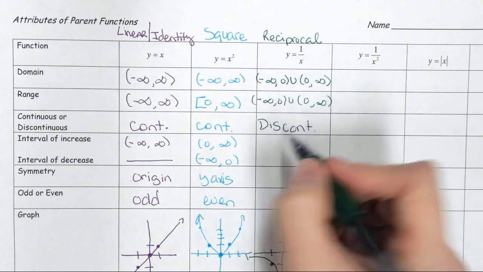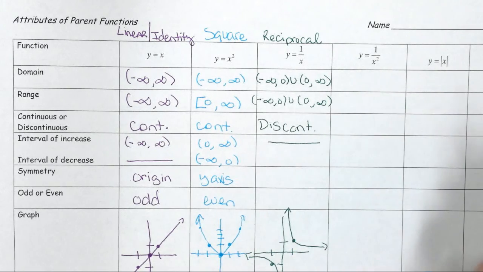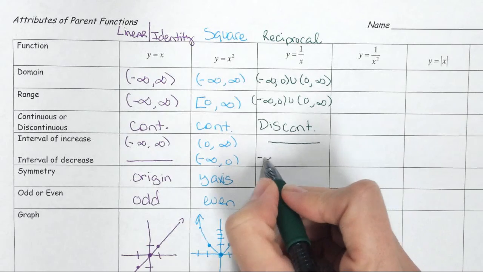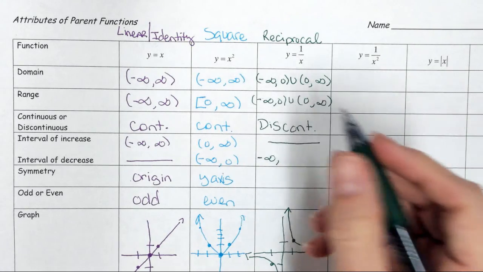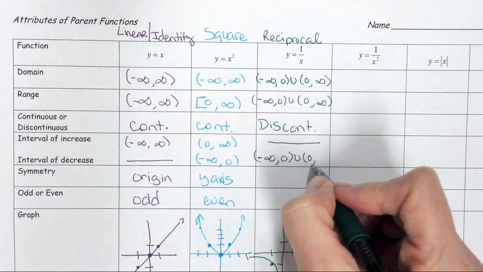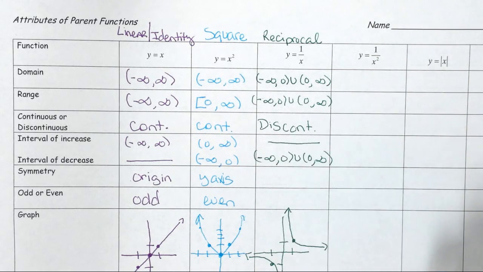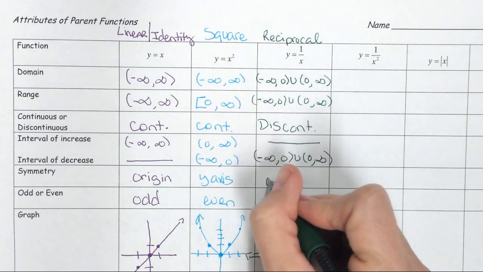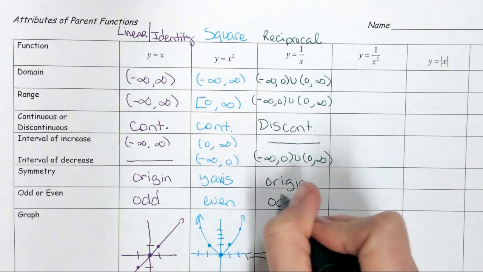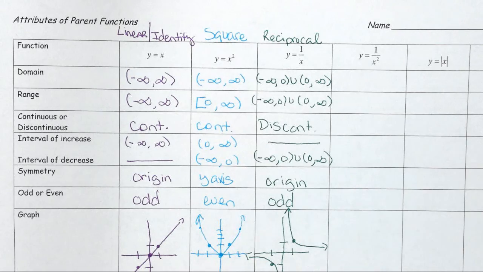It doesn't increase at all, it only decreases. It decreases from negative infinity to 0, union 0 to infinity. It's symmetric about the origin, so it's an odd function.